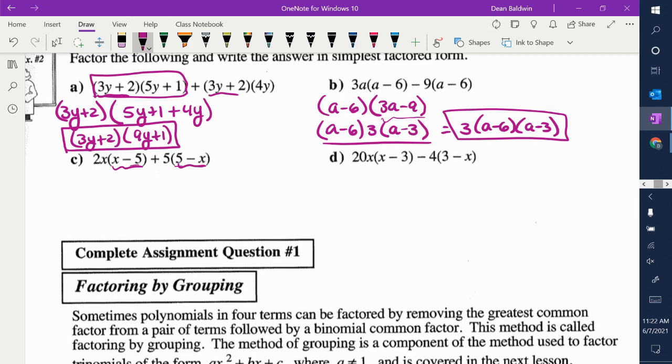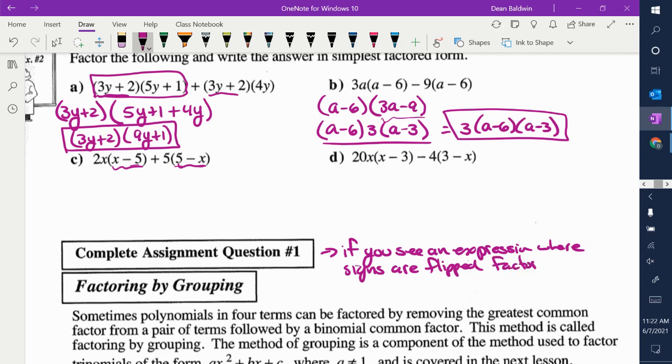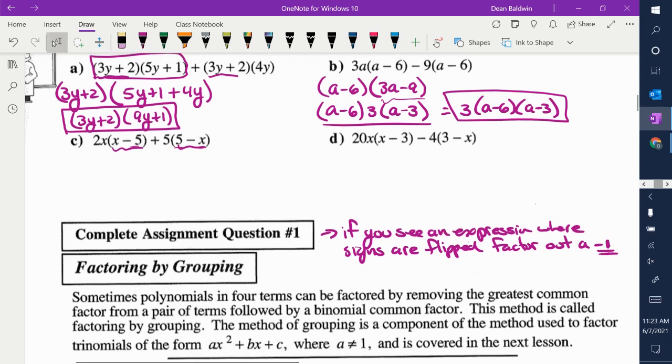If you see something where the sign has been flipped, factor out a negative, okay? So if you see an expression where signs are flipped or opposite, factor out a -1, because that will flip the signs back.